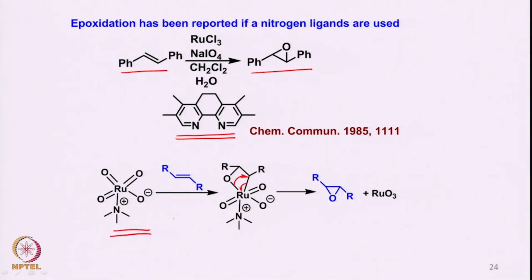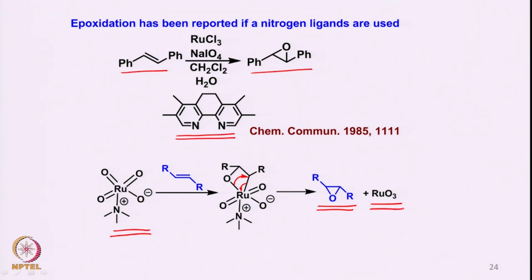Now, if this species comes in contact with the olefin, one can have a 2+2 cycloaddition of the ruthenium oxygen double bond and the double bond of the olefin here, forming this intermediate which can undergo a cleavage forming the epoxide and a low valent ruthenium species.